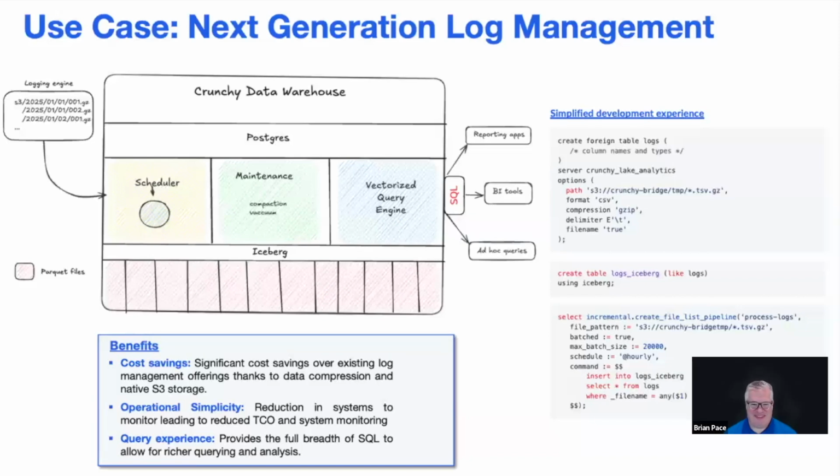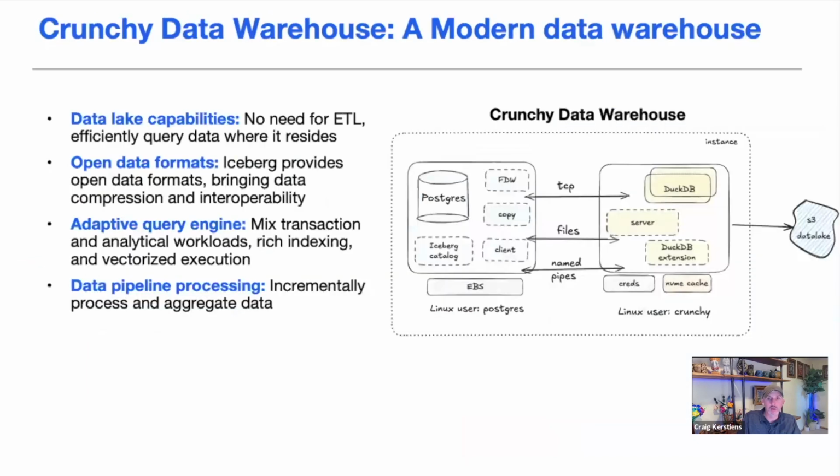And so the final one, and where I'll end, is this notion of a modern data warehouse, right? If you think about legacy warehouses versus modern ones, there's the ability to remove ETL: you can query data where it sits, or you can easily move it from point A to point B. Iceberg as an open format means all of your data analysts that want to work with SciPy, NumPy, Pandas, Python, Apache Spark and all those tools absolutely can.